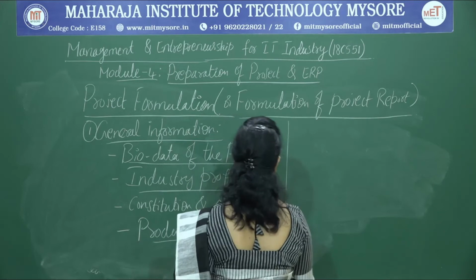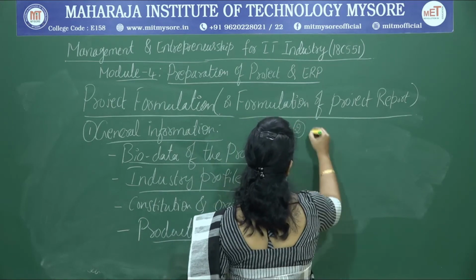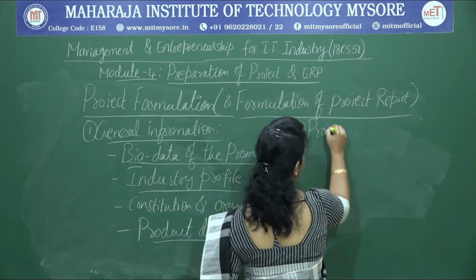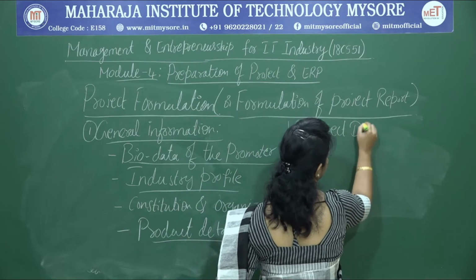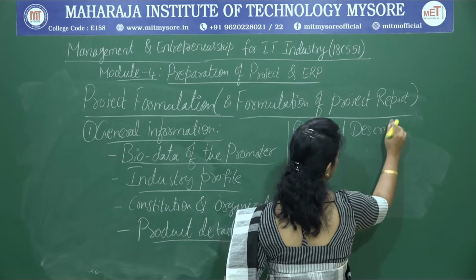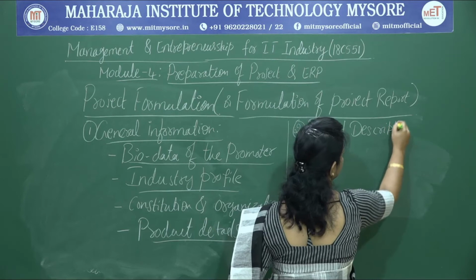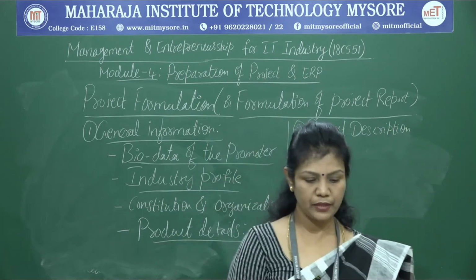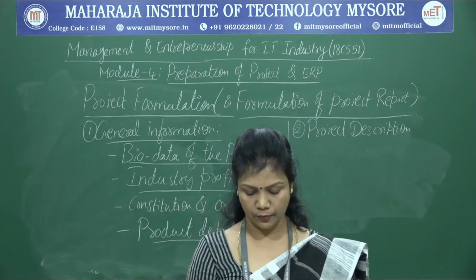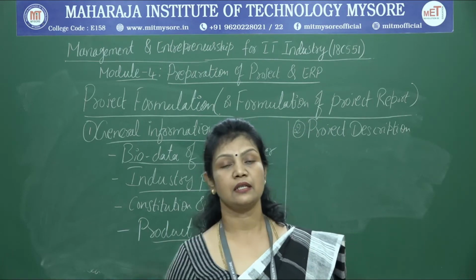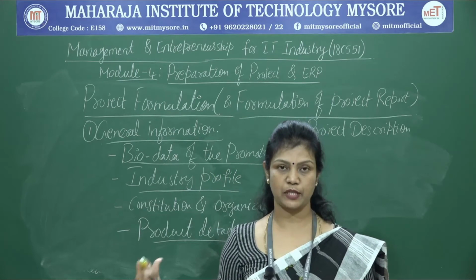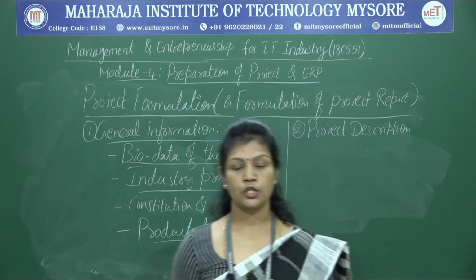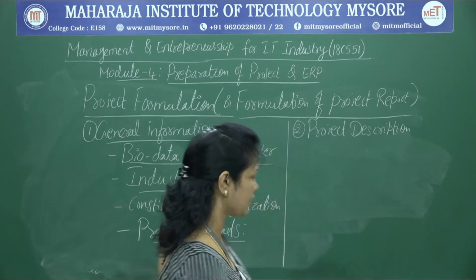So next one is the project description. Here the brief description regarding the project covering some of the following aspects, which I will be writing right now, should be made in the project report.